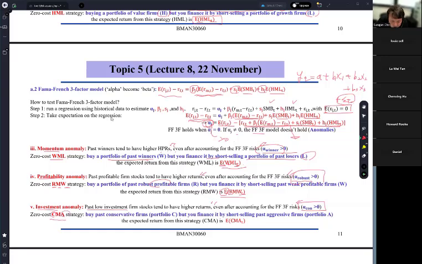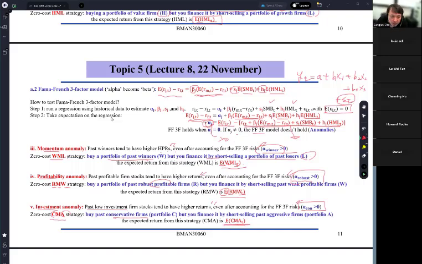A means aggressive firms, a group of firms with high investment last year, very aggressive investment, right? So we want to buy conservative firms, portfolio C, but finance it by short selling aggressive firms, portfolio A. And we're going to use this symbol for the expected return on conservative minus aggressive, right?